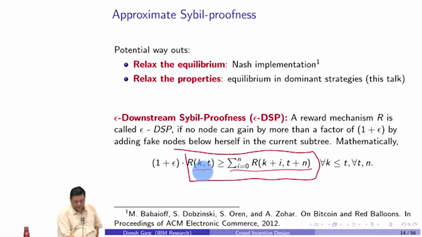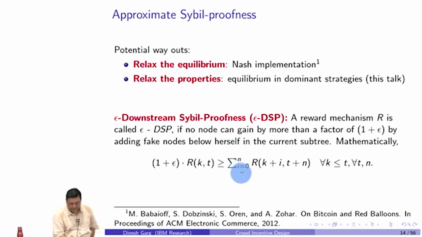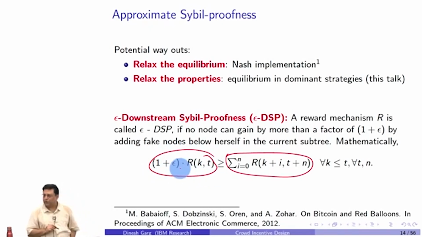But what we are saying is, fine, this inequality may not hold all the time, but if I multiply by a 1 plus epsilon factor, then by adding your Sybils you may get this much reward, which may be more than this reward, but it will not be more than 1 plus epsilon times this reward, okay. You can boost your reward, but you will not be able to boost more than epsilon times this actually, okay. Is this inequality making sense? So this we call epsilon Sybil proofness, okay.